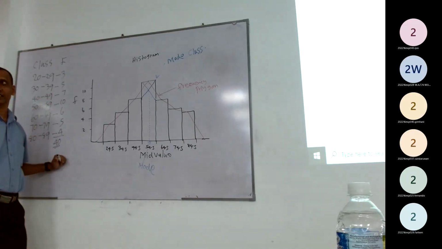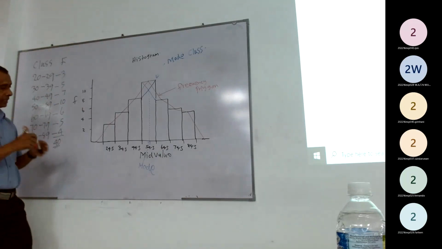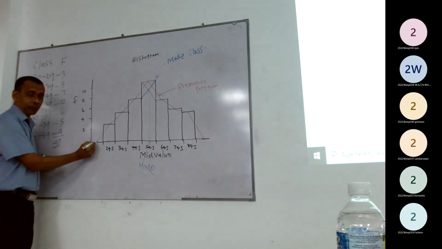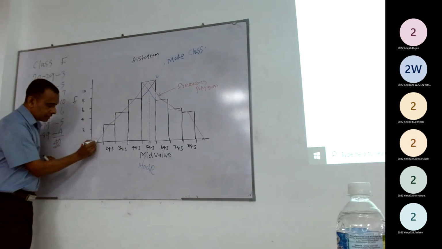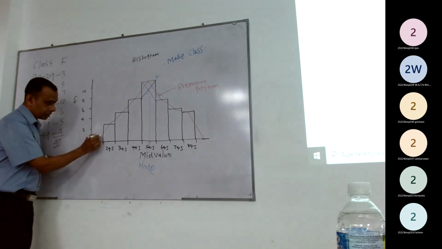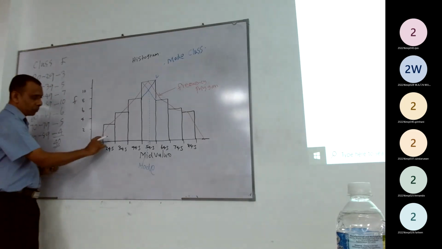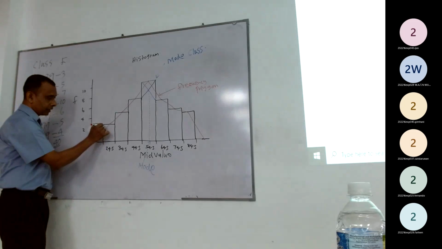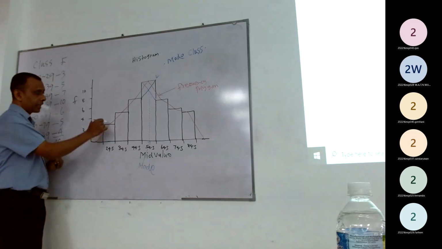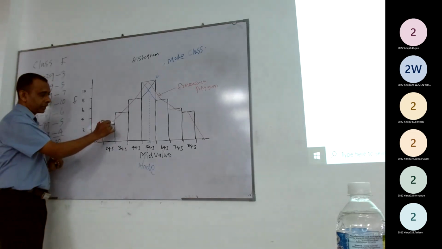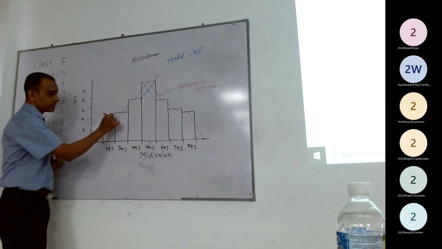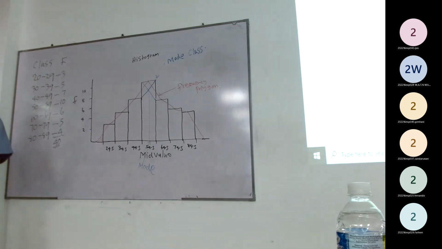Now see this area. This is additionally taken by frequency polygon. Therefore, same portion has been cut from the histogram. Again, additionally, this area has been taken by the frequency polygon. Same portion has been removed. Then what happened? Area covered by histogram and frequency polygon will be equal.